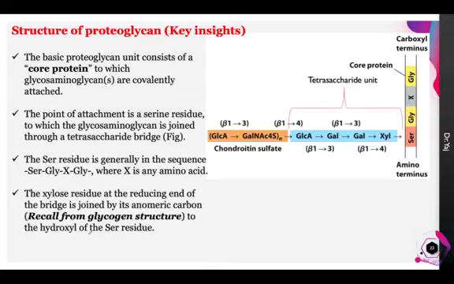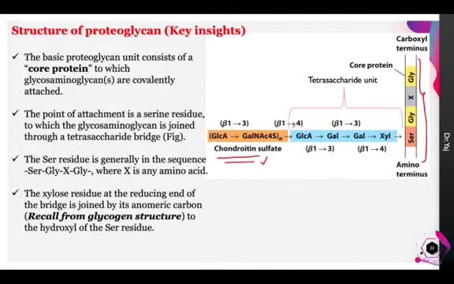Now, in case of proteoglycan, we have a core protein, as we can see here in this part of the slide, and to which the glycosaminoglycans are attached. So, this is the core protein and this is the glycosaminoglycan. And here we see the glycosaminoglycan that has been used for this specific example is chondroitin sulfate.